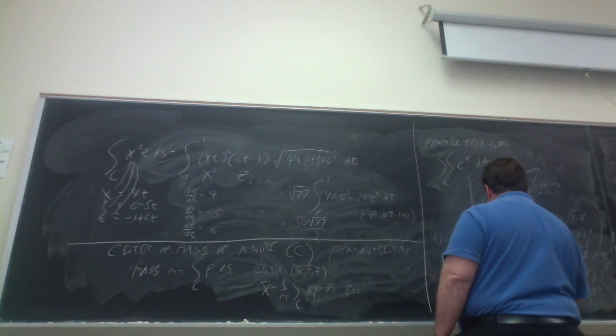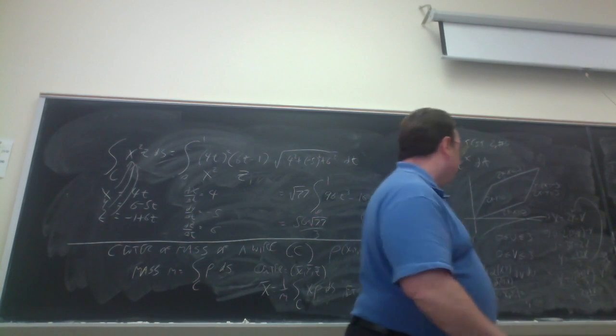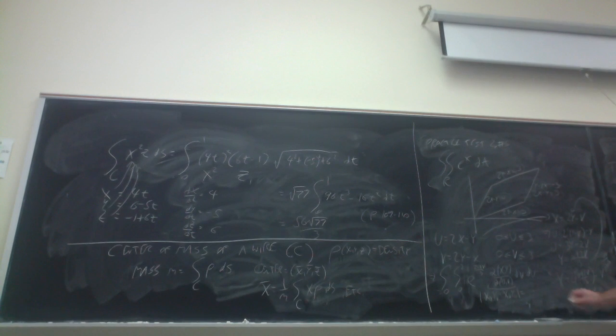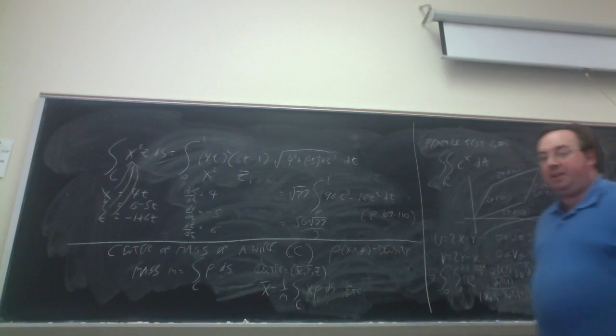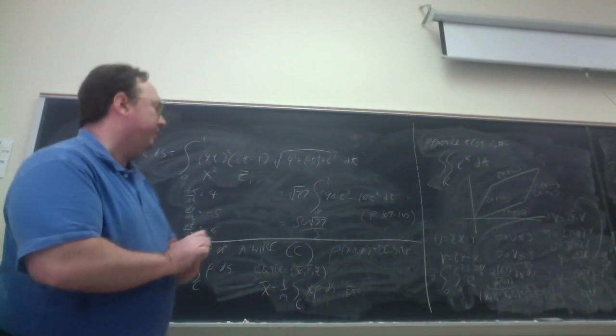This has to be positive. So dx du would be 2/3. dy dv is also 2/3, minus dx dv, which is 1/3, and dy du, which is 1/3. So we get 4/9 minus 1/9. So we end up with 1/3. So 1/3 is what goes in here. So that's where that factor comes from.